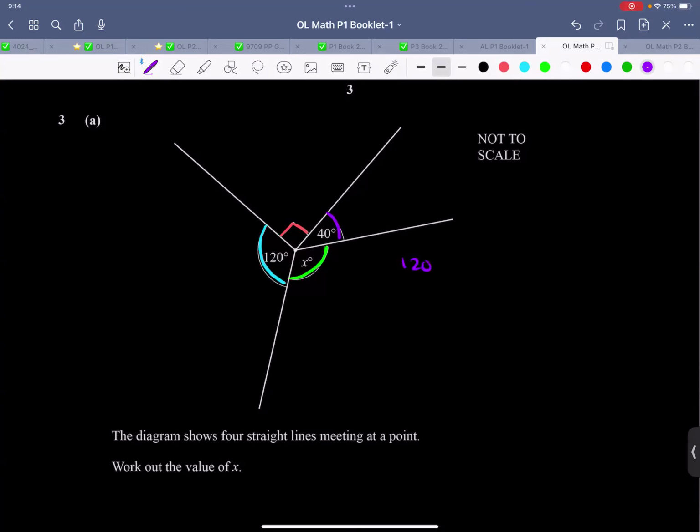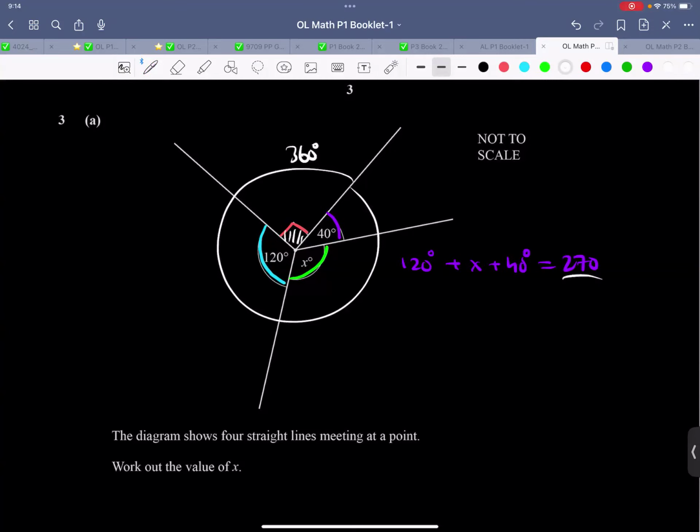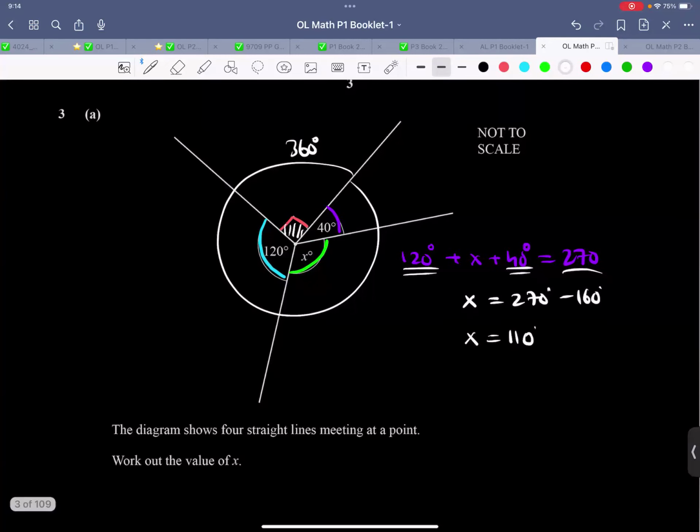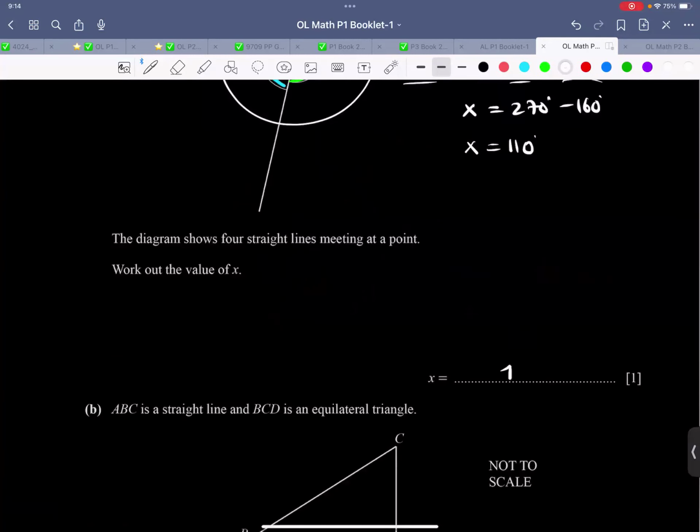In other words, 120 plus x plus 40 is 270, because the total is 360. This whole thing is 360 degrees. Subtract the 90, we get 270. 120 plus 40 is 160. So x is 270 minus 160. x comes out to be 110. Is there space for this? Yes, there is.